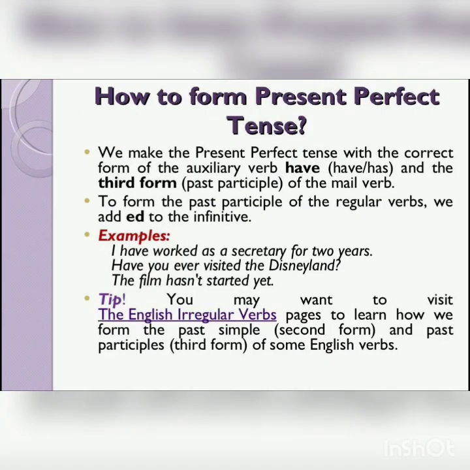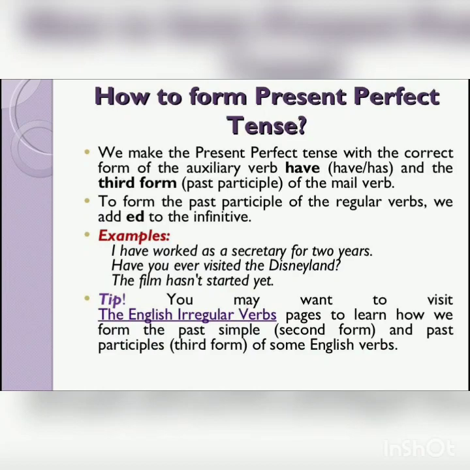How to form present perfect tense? We make the present perfect tense with the correct form of the auxiliary verb have and the third form of the main verb. To form the past participle or third form of the regular verbs, we add ed to the infinitive. For example, I have worked as a secretary for 2 years.